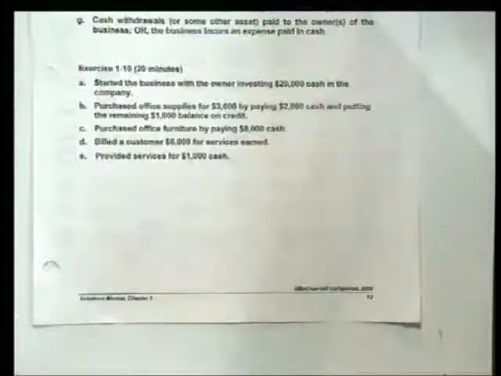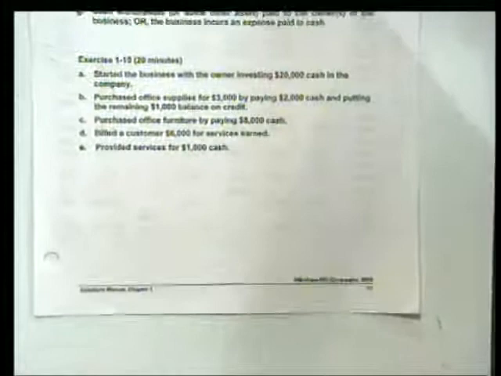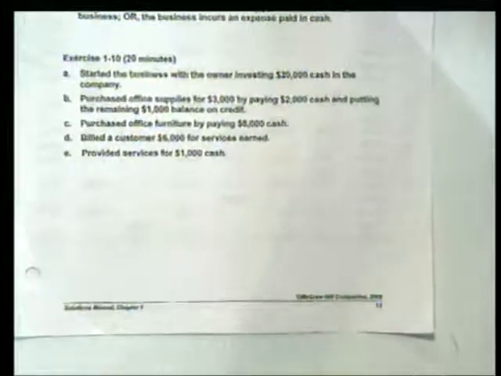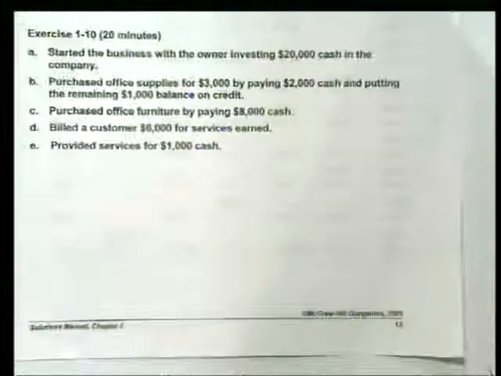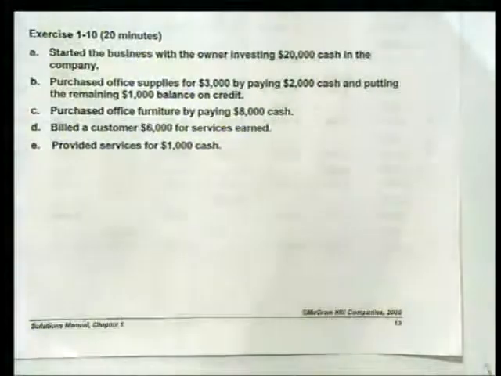We provided services and immediately got paid the $1,000 in cash. Correct? Now I'll go ahead, as I often do, and put those answers up on the screen so that you can take another look at them if you missed one. Are there any questions on exercise 110? Not too bad, was it?